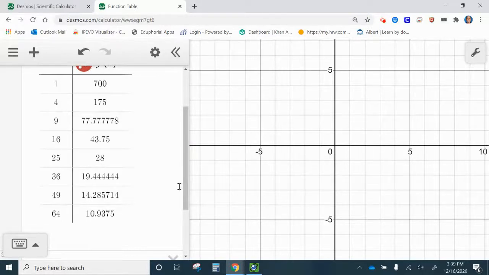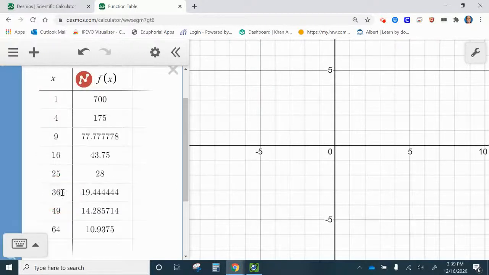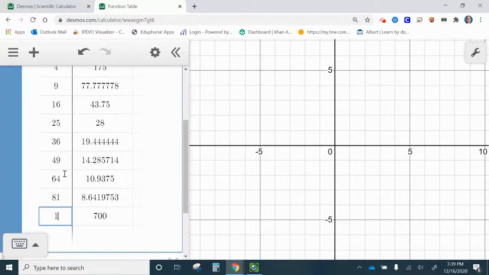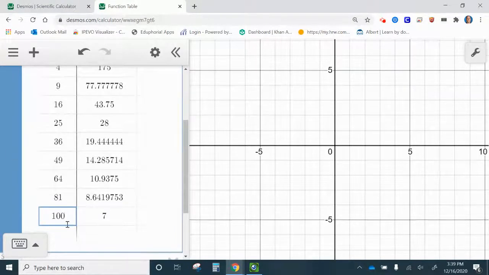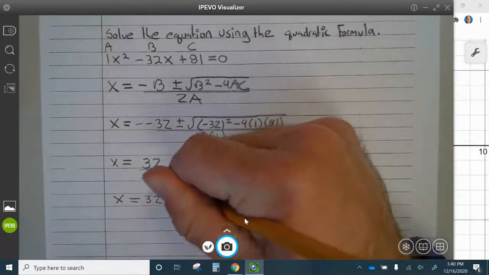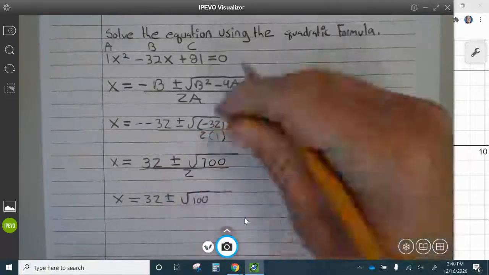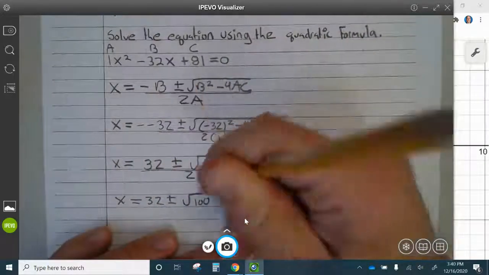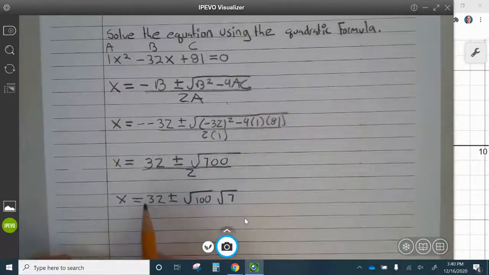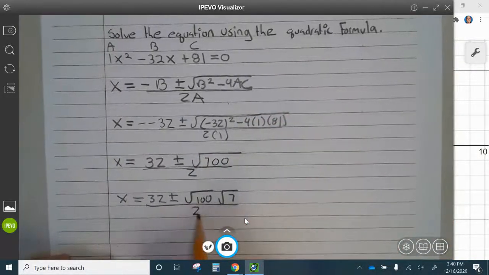Okay, 64 doesn't work, those don't work. Now the next one is, I believe, 81. That doesn't work. 100. Ooh, 100 brings you down to 7. We know 7 is prime, so that's going to work. Okay, so then that's the square root of 100, and we can save ourselves a step because you know you're going to multiply them separately, times the square root of 7 divided by 2.